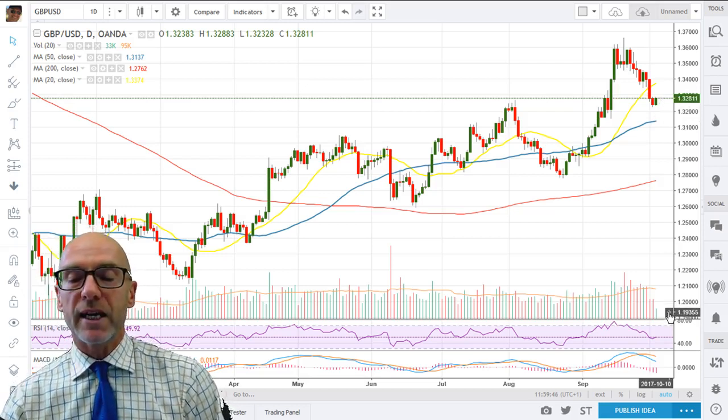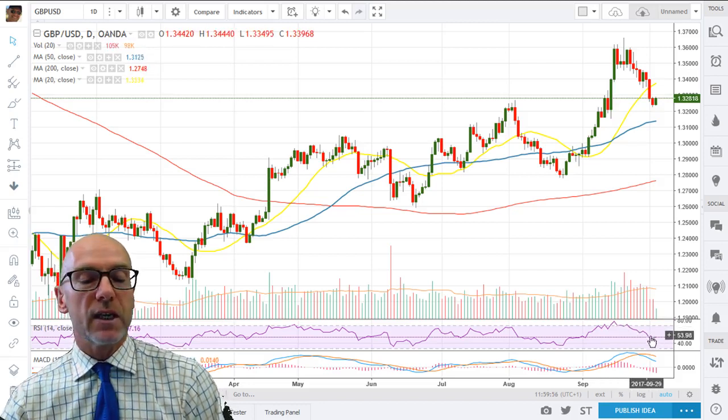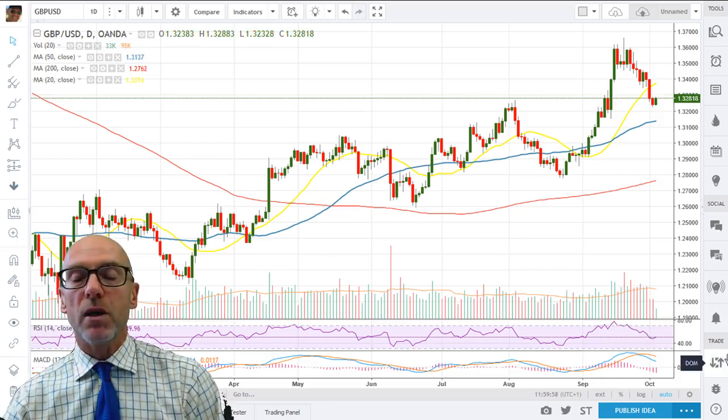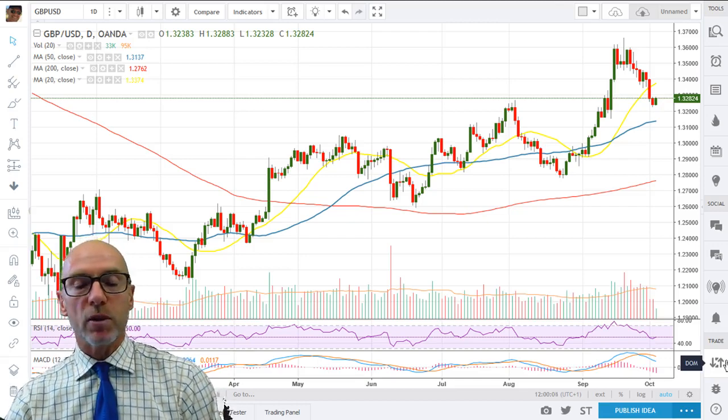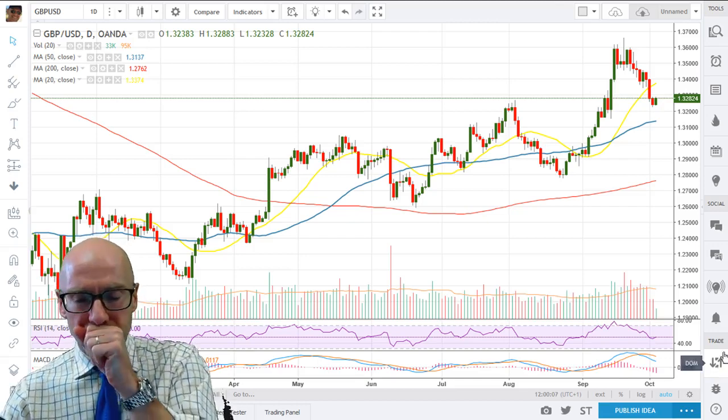On the RSI, it did reach a peak on the rise in the market, which was good, but since then we've created a downtrend, and actually it has gone marginally back below 50, 49.96, so indicative that we are losing momentum.